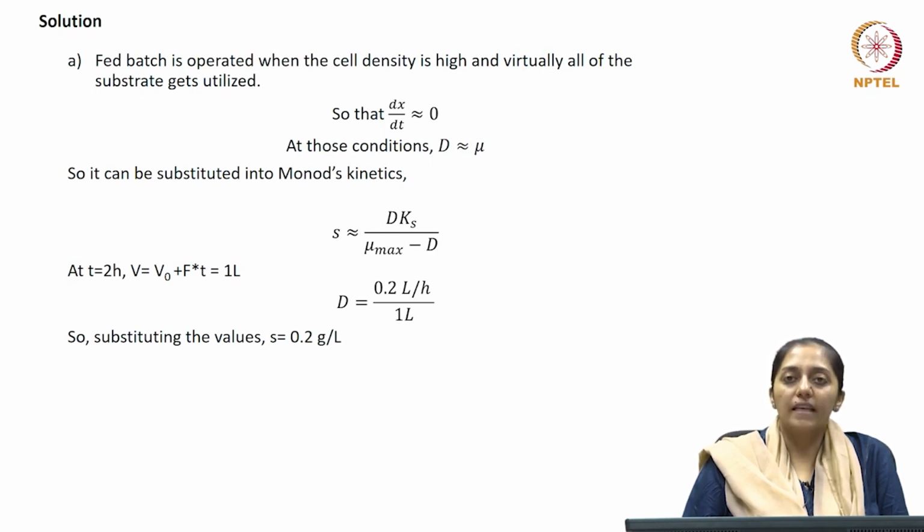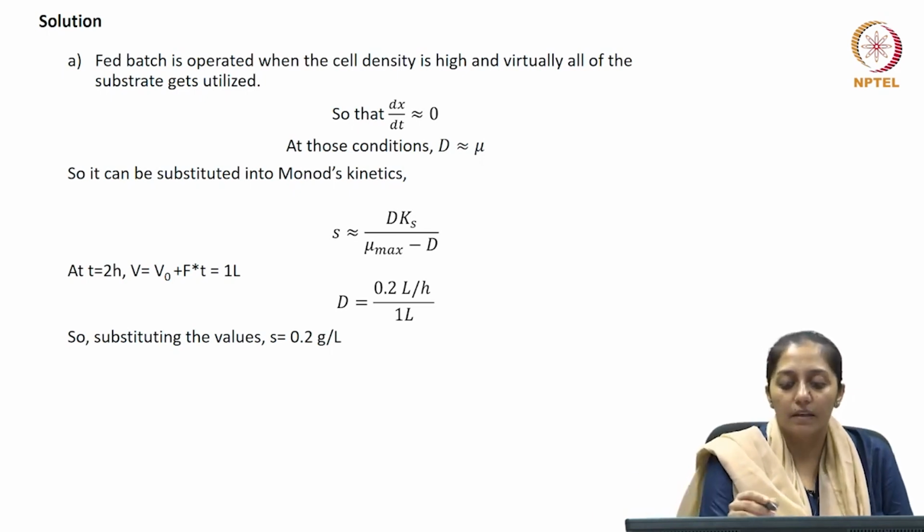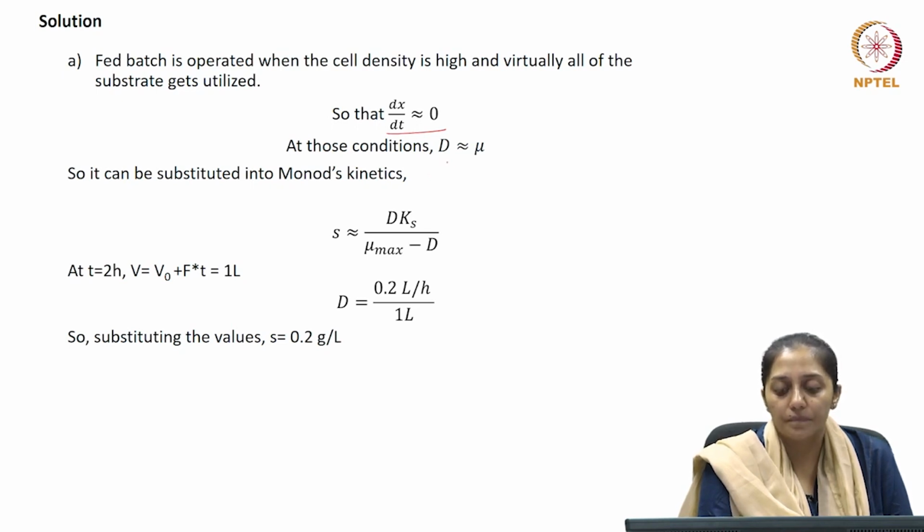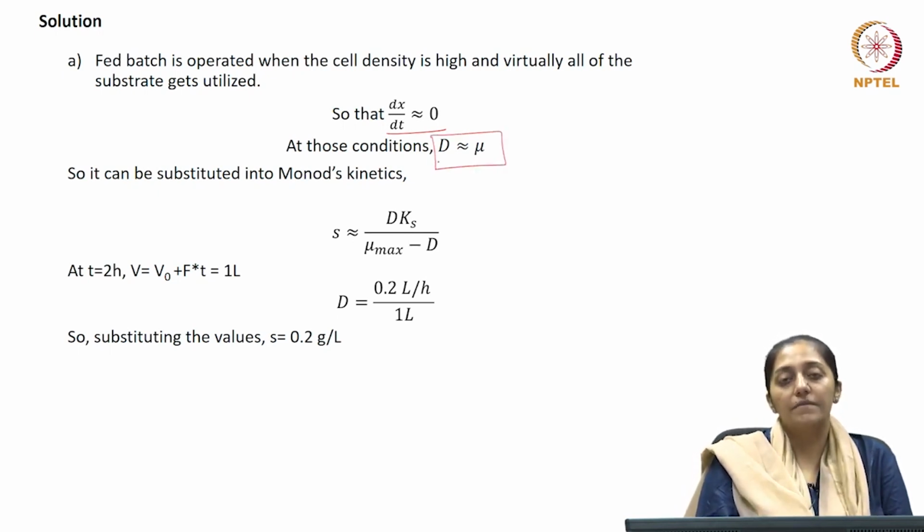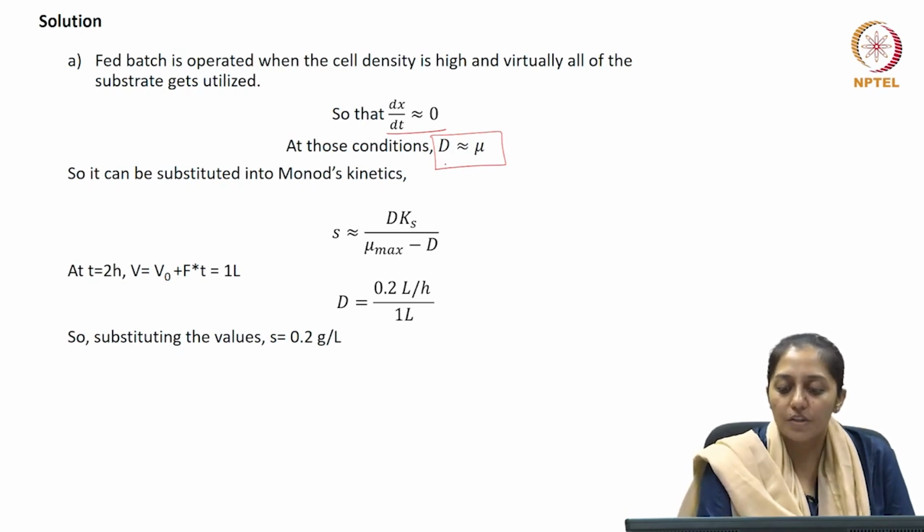Now steady state or pseudo-steady state in fed batch means that there is going to be no accumulation of biomass or substrate happening inside the reactor, which means, as seen on the slide, dx by dt will be nearly 0 and also your ds by dt, and under such a condition your specific growth rate, as we had done earlier in our theory classes for fed batch cultivations, the correlation between the specific growth rate and the dilution rate is as shown here, that both become equal.